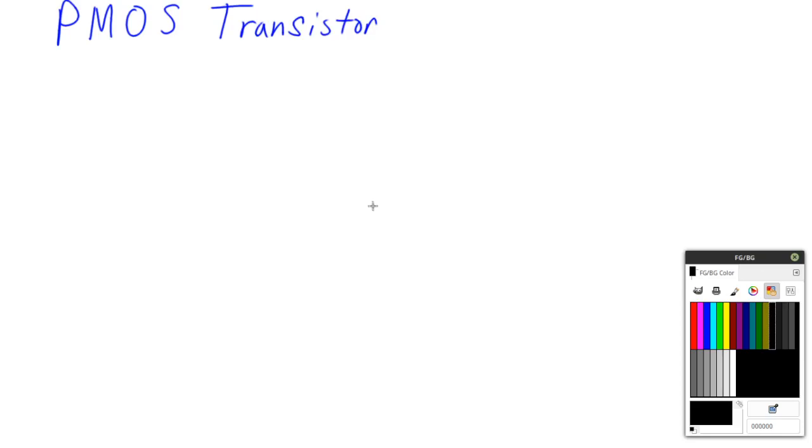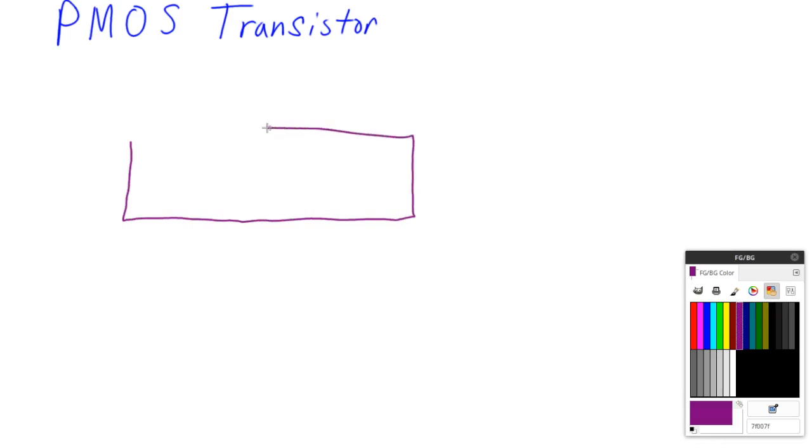Let's consider a PMOS transistor, and it works the exact opposite way as an NMOS transistor works. In that we have a big, I shouldn't say big, really these transistors can be very, very small.